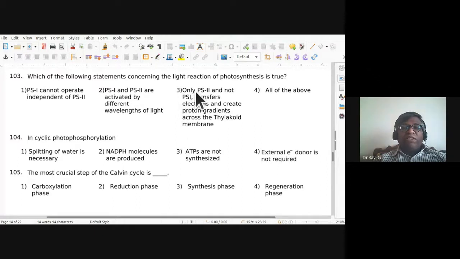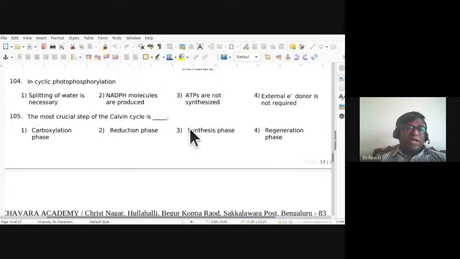So the option is the second one. Only the second option is correct, remaining are all wrong. Photosystem 1 is activated by the 700 nanometer wavelength of light, photosystem 2 by 680 nanometer. So the second one is the correct statement, whereas the first, third, and fourth are wrong statements.